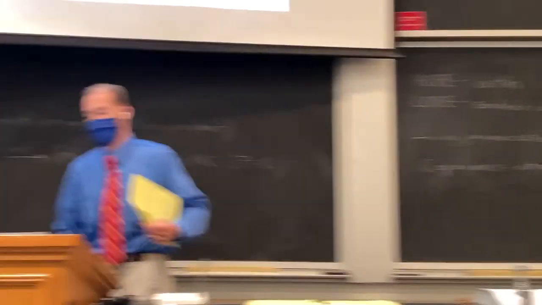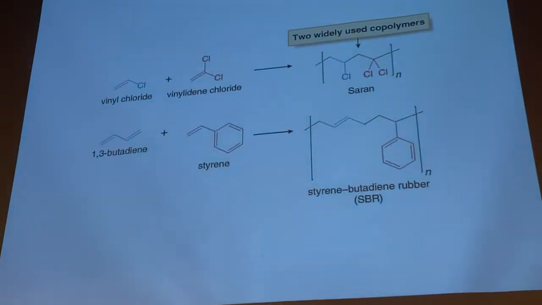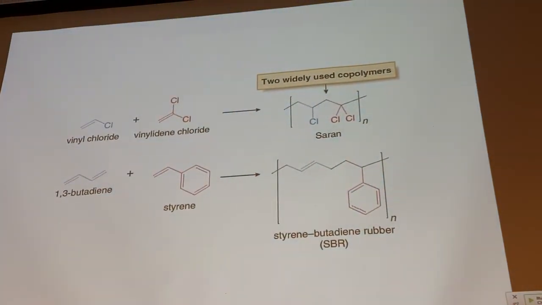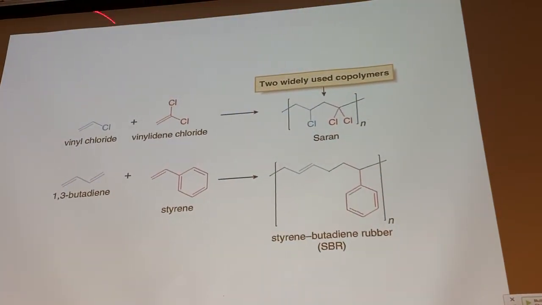So we have a figure here showing us a couple of common copolymers. These are both chain growth polymers. So if you're making chain growth polymers, they're going to be random. But obviously you can control the ratios of A and B. So if it's 1-to-1, then you're going to have something close to an AB-AB pattern.